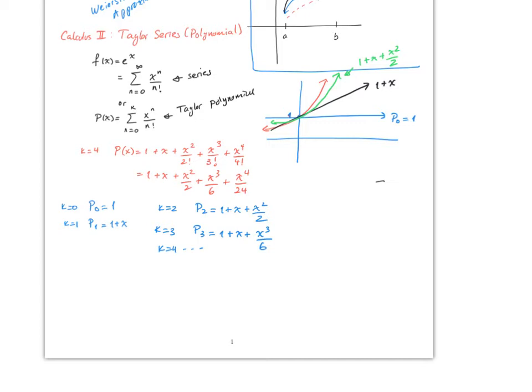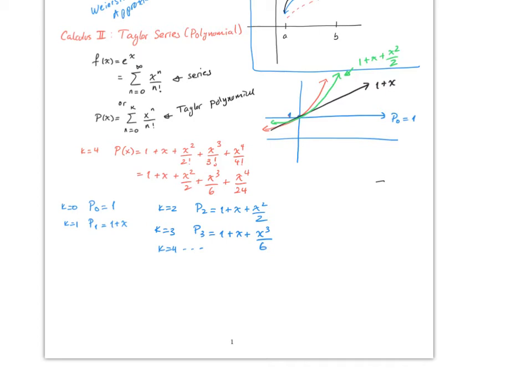Also, it's important to notice that if you're close to 0, the approximations are good. But as you move farther away from 0, the approximations are getting worse and worse, even if you add more terms to the polynomial.